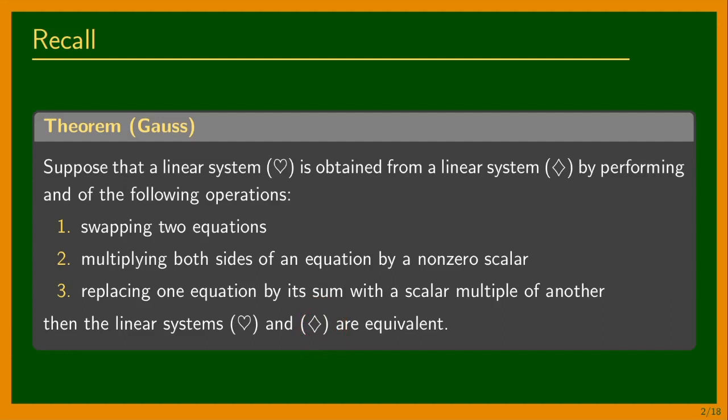Usually, the reason why we perform these operations on a linear system is to get a new linear system where the solution can easily be observed or can be solved by back substitution. That is why we were motivated to study the row echelon form of a matrix and the reduced row echelon form of a matrix.